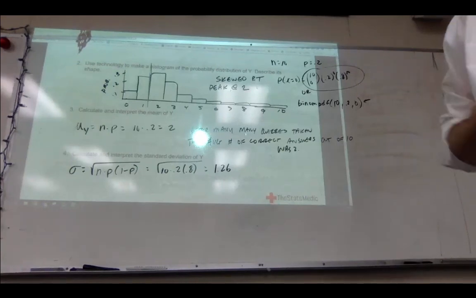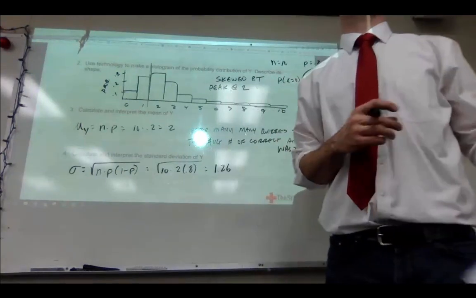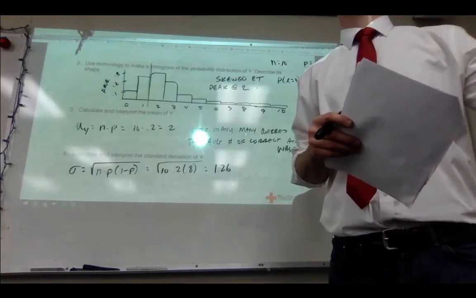Let's interpret that. I've been skipping that question today for some reason. I just have not respected that question at all. Interpreting the standard deviation. How do we interpret it? The average number of correct answers typically deviates that number.